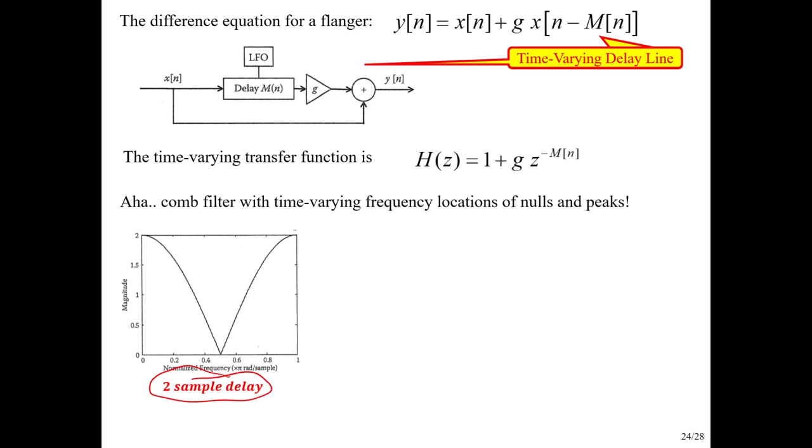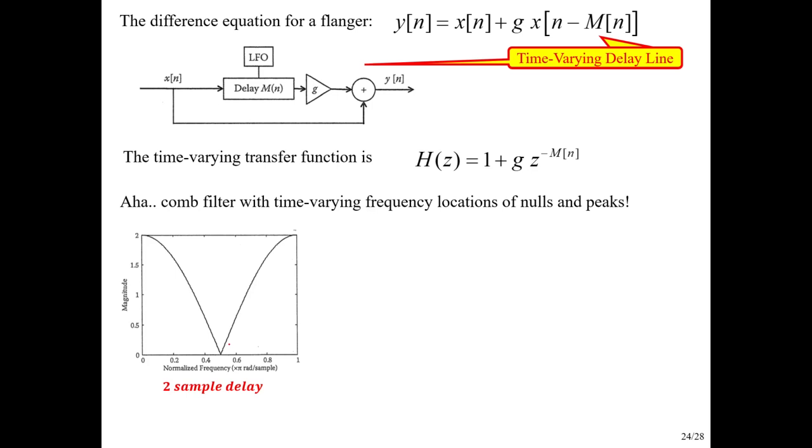That's much smaller than what we would really have for a flanger, and we'll see what the typical delays are. But for audio, a two sample delay is going to be something on the order of 45 microseconds, so not an awful lot. So keep that in mind. We're talking about a few tens of microseconds in the plots that I'm showing here. But this just makes it easier to see.